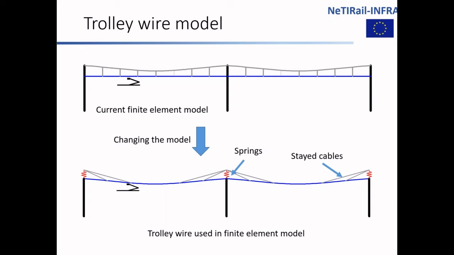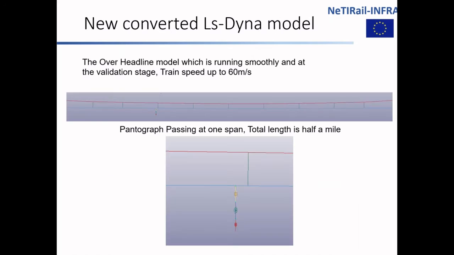As you can see, it's a much simpler system compared to the catenary system. It has been proposed quite a lot in the past that this could potentially be used for lesser used, low speed mainline railways. So we wanted to investigate that further.